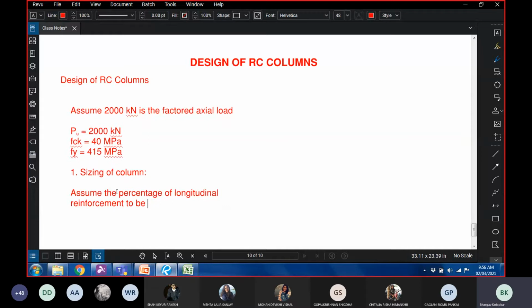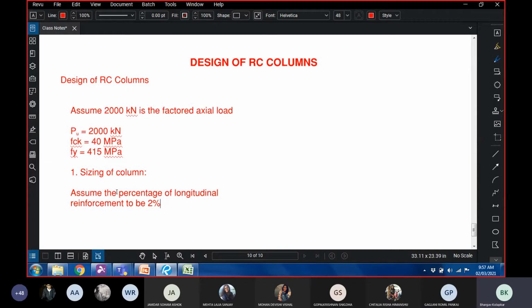Can you suggest a number? What seems like a good start? Any number between 0.8 and 4%. 2%, yeah, we can start with 2%. It seems like a reasonable number, not a very small amount of reinforcement, not a very high amount of reinforcement.